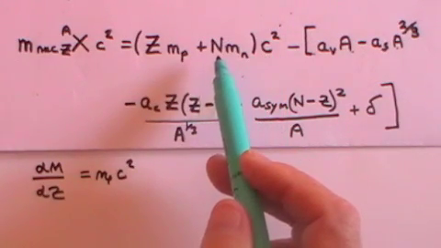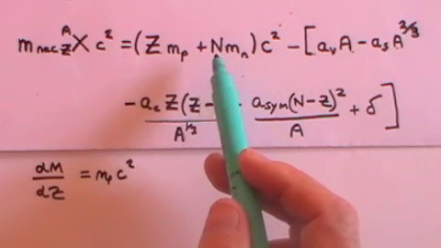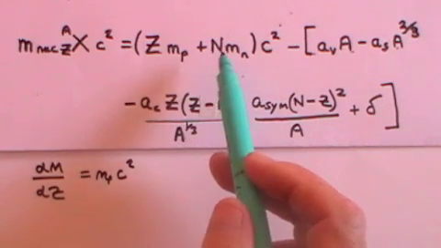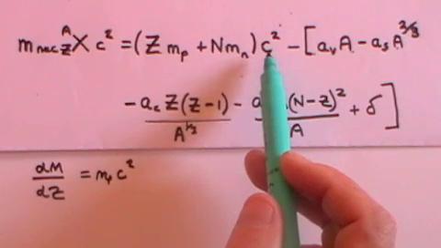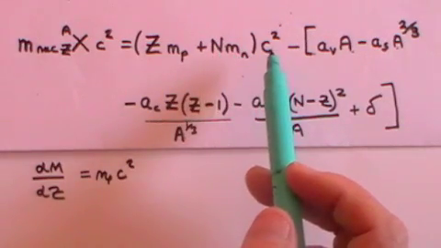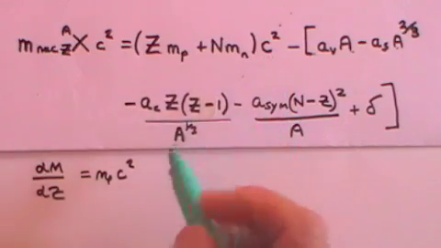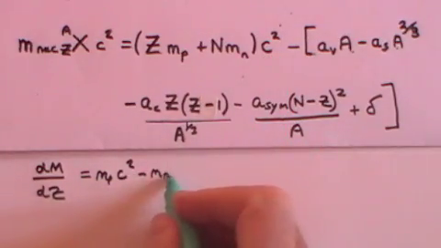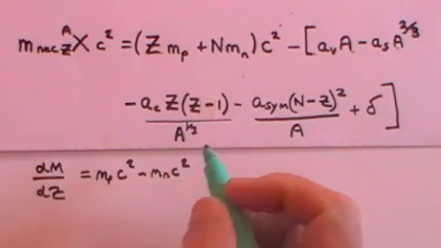Well, N is Z dependent because N is simply A minus Z. So if you replace N by A minus Z, you get AM_Nc squared, which of course is not Z dependent, so that will go. But then you'll get minus ZM_Nc squared, and when you differentiate that with respect to Z, you're going to get minus M_Nc squared.